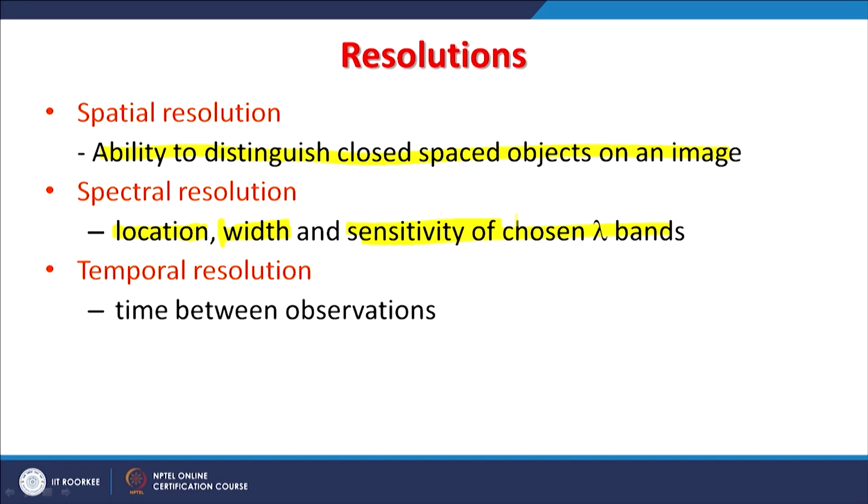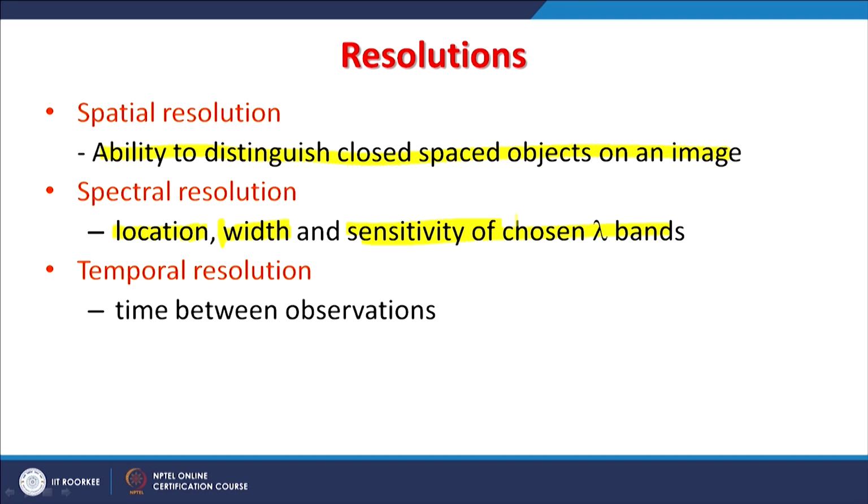Now the third resolution which we talk about is the temporal resolution. That is the repetitive coverage, how frequently a satellite is covering the same area, or also we can say the time difference between observations. There is an inverse relationship between spatial resolution and temporal resolution.